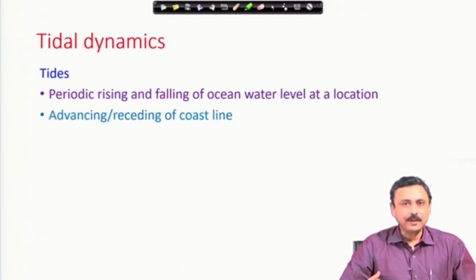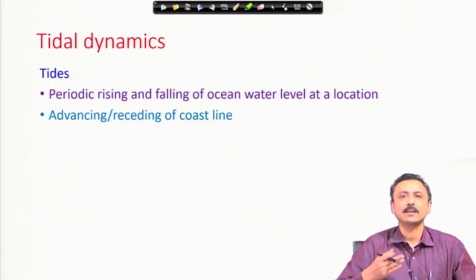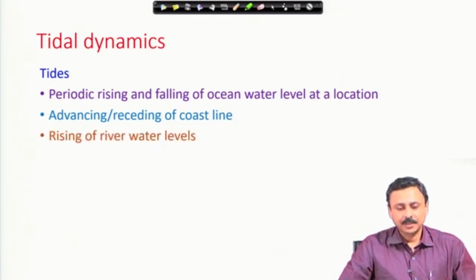Another effect that you might see in many places is an advancing or receding shoreline. The sea seems to recede at some point of time, and again it comes back at some other point of time. So, this advancing and receding coastline is an effect of tides.